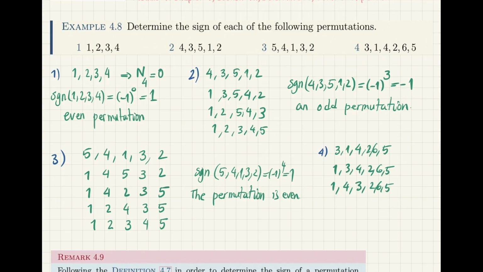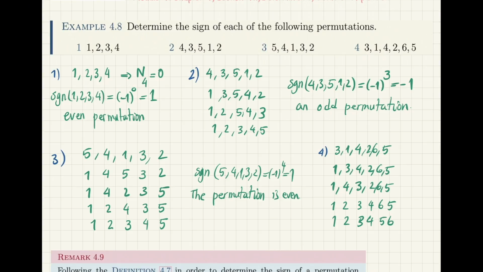And then I can, for example, interchange 4 and 2, then both of them will be in their natural positions. So then it becomes 1, 2, 3, 4, 6, and 5. Now, the last one is I just interchange 6 and 5. So 1, 2, 3, 4, 5, and 6.